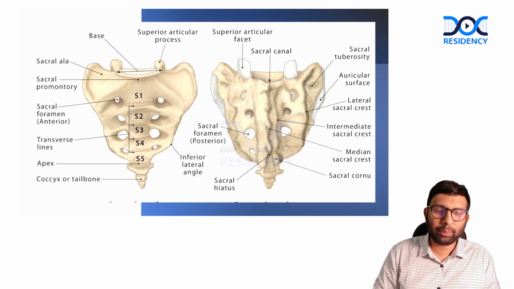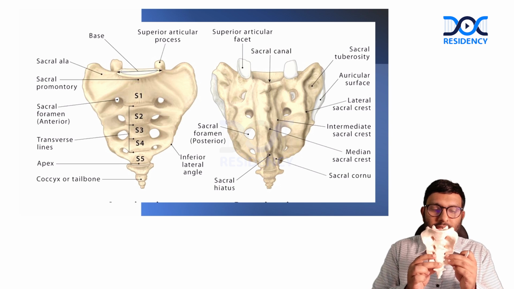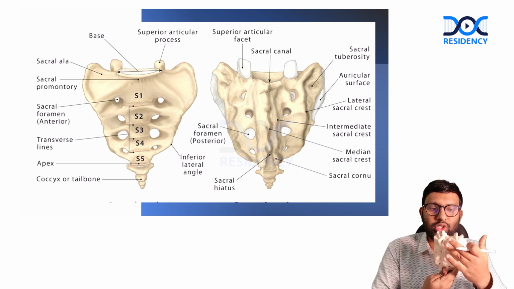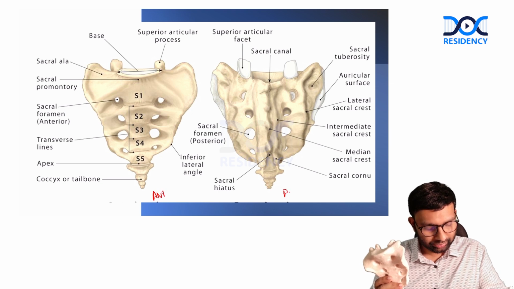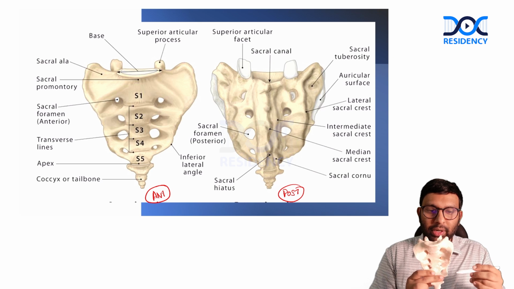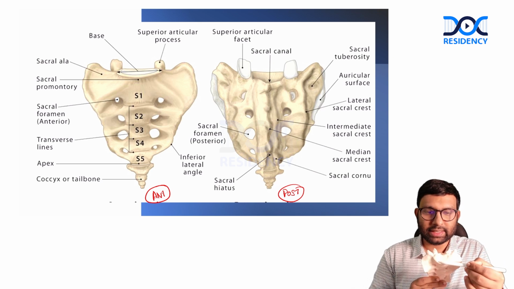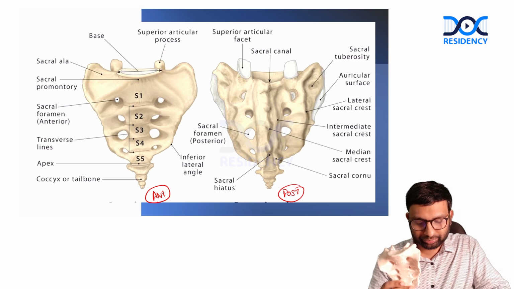Now, to understand the bony anatomy of the sacrum, I've shown that in this image as well. This is your anterior area, this is your posterior here. Here again, this is anterior, this is posterior. Now in the anterior part, the first thing you have to understand is the base. This is your base, and this is the sacral promontory here.